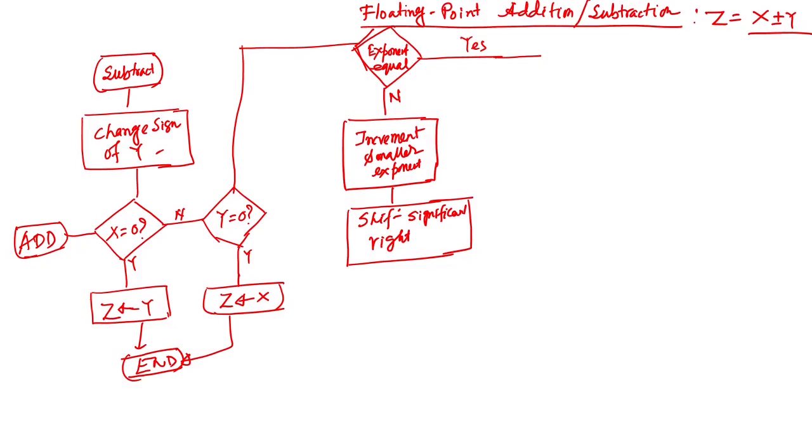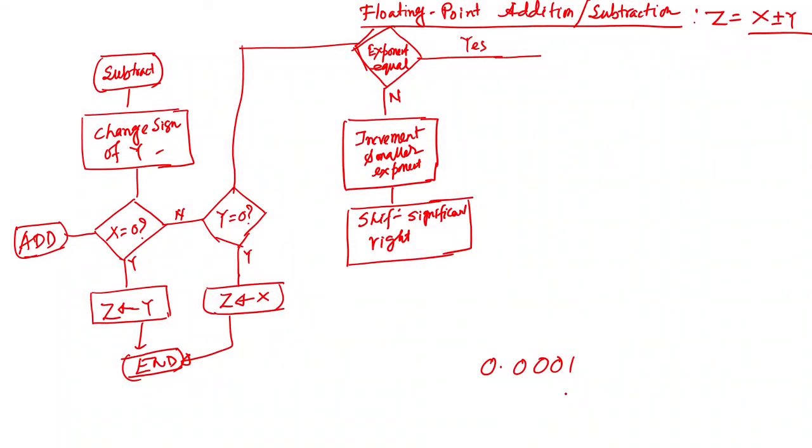Now, if shifting, let us say you have a number 0.001, if you shift to the right side, then this will be 0. So, this number will be 1, and that smaller number will be 0. Therefore, you have to check whether this significant is 0 or not.